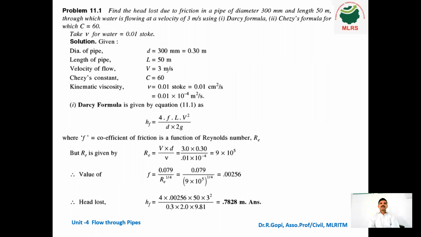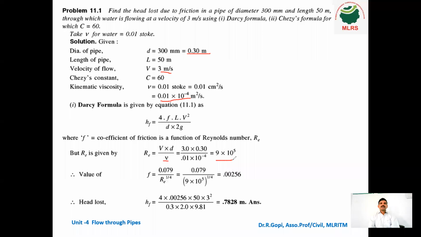What is V? 3 meter per second, it is given in the question. Next, the diameter of the pipe is also given, 0.3, and the kinematic viscosity nu we also calculated, 0.01 into 10 power minus 4 meter square per second.